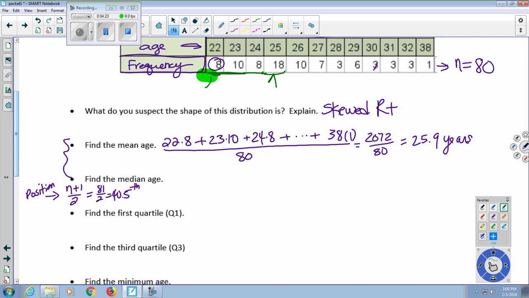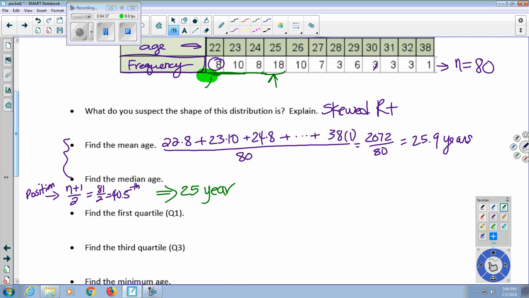So inside of this column of 25s, we find that our median age is 25. So that value that we were looking for, the position, is in that group right there.